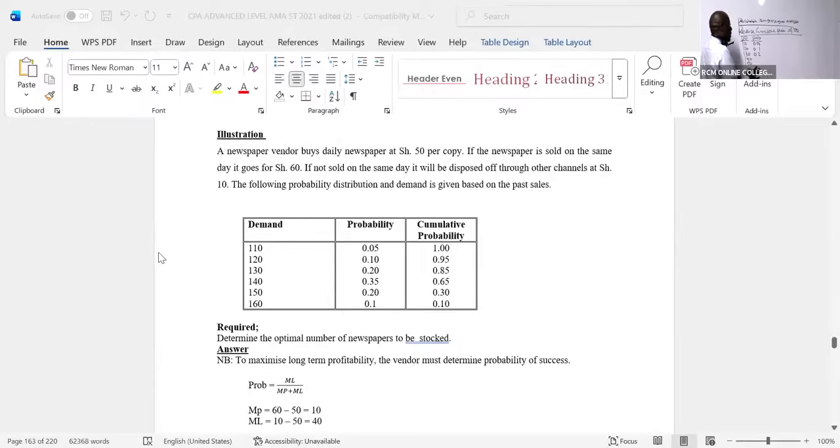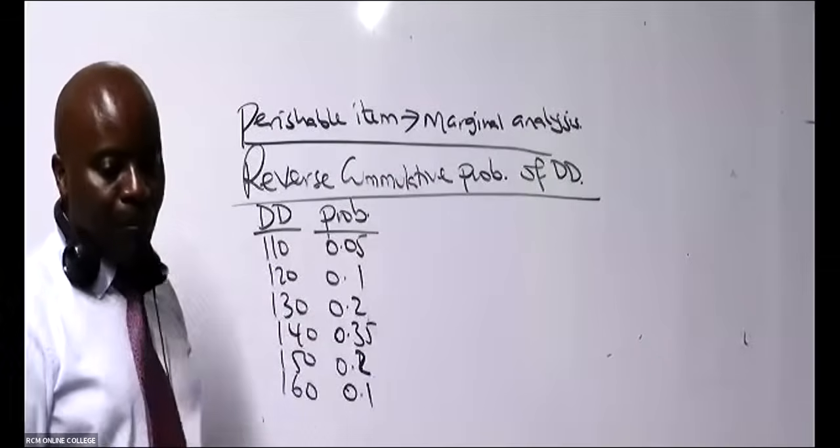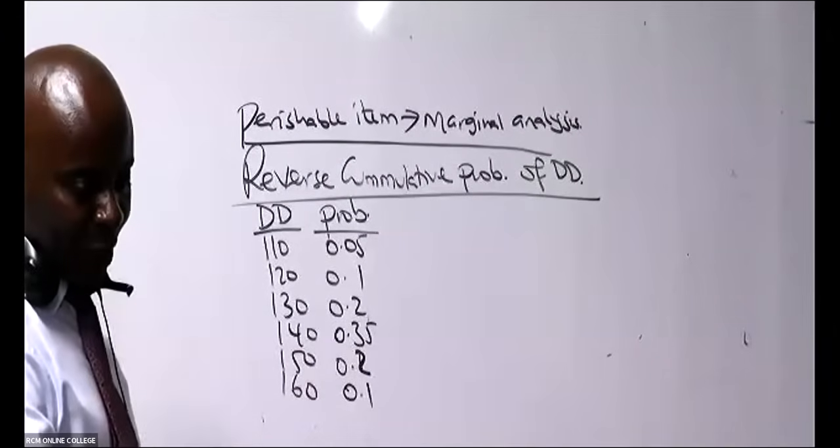This is not simulation, otherwise I'd be concerned with that 0.20. After that, we have 0.35, and then 0.2, and then 0.1. So could you kindly write that table up to there?